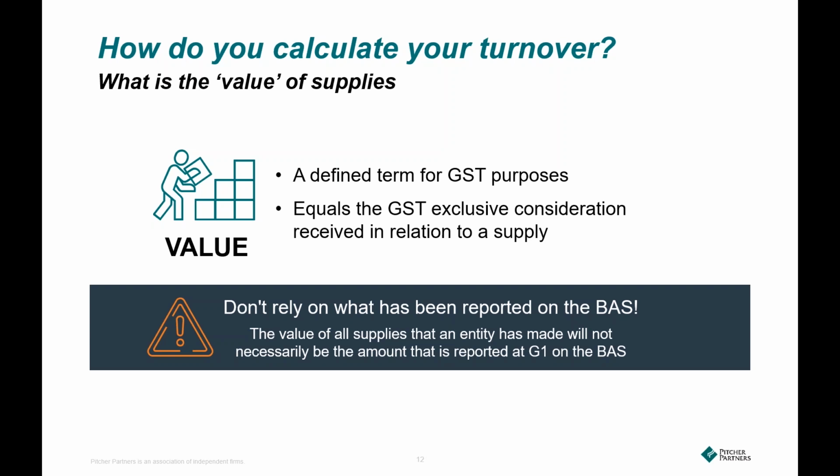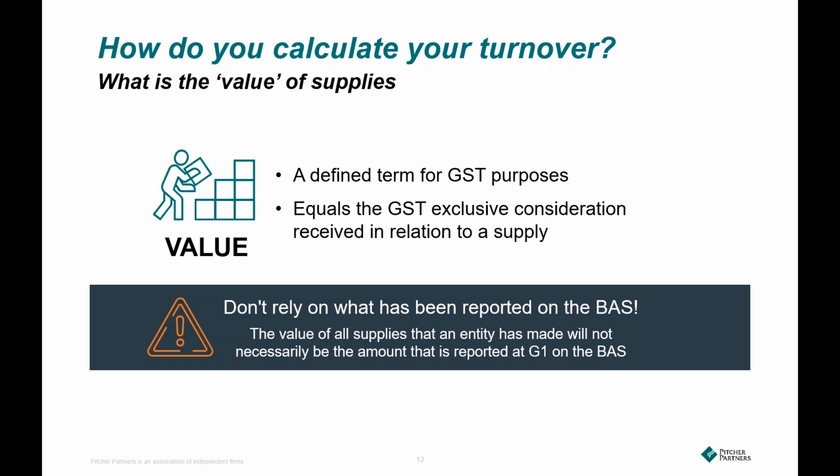So it is possible for entities that are within the GST system to actually report on a GST inclusive basis in respect of their business activity statement lodgements. But for JobKeeper GST turnover purposes, we must be looking at the value of the relevant supplies, which is the GST exclusive consideration, not the GST inclusive consideration, which raises the first very important point that you should not simply be relying on what has been reported in your business activity statement for the purposes of undertaking these turnover calculations for JobKeeper.